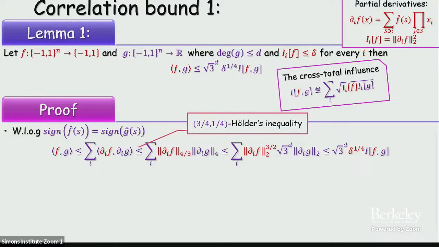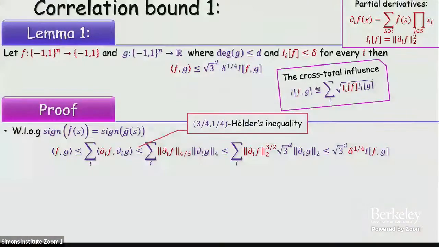And for such correlations, we can use Hölder's inequality. We take very specific numbers for Hölder and bound the correlation with the fourth norm and the four-thirds norm. Why do we choose these numbers? We have hypercontractivity that works for every function, not only Booleans. Therefore, we want the fourth norm because we know how to bound it.